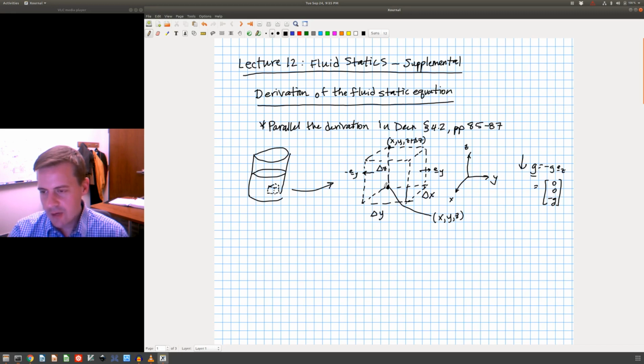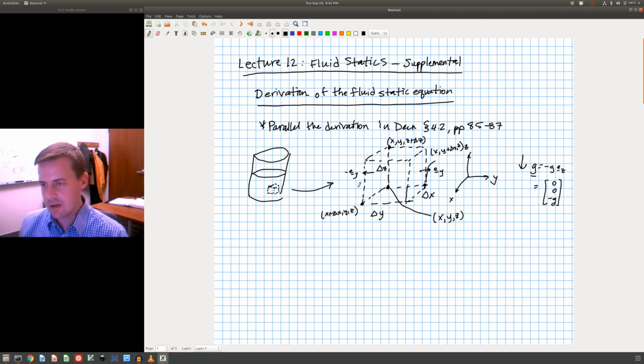And if I go in this direction over here, this one will be x, y plus delta y, z. And this one over here will be x plus delta x, y, z. Okay? So I have this rectangular prism, I've defined a coordinate system, I've defined some points.